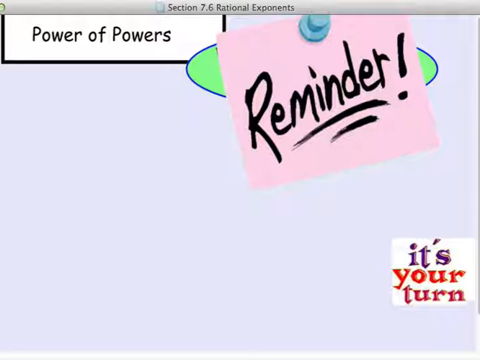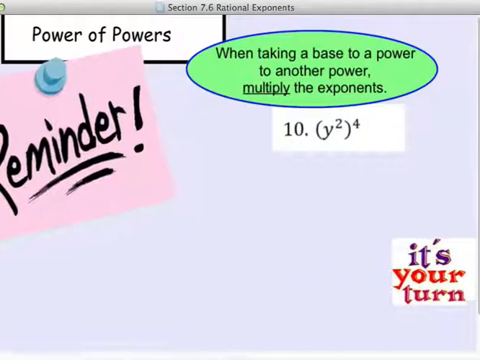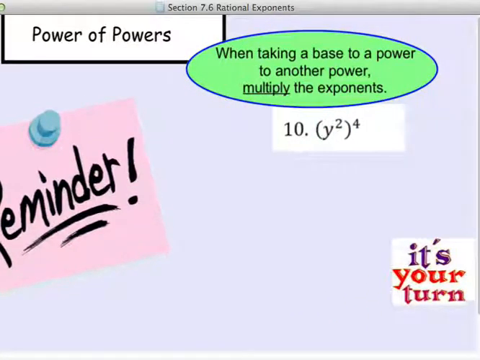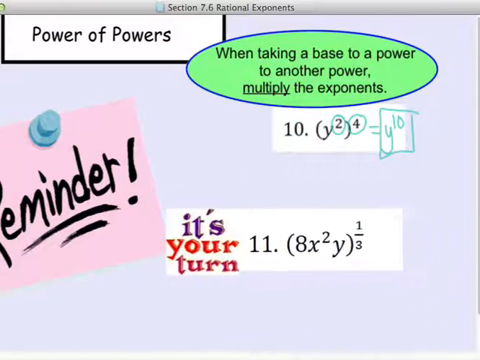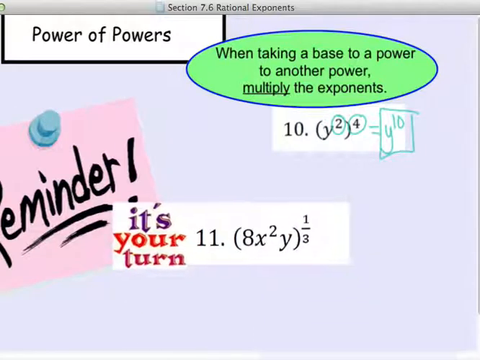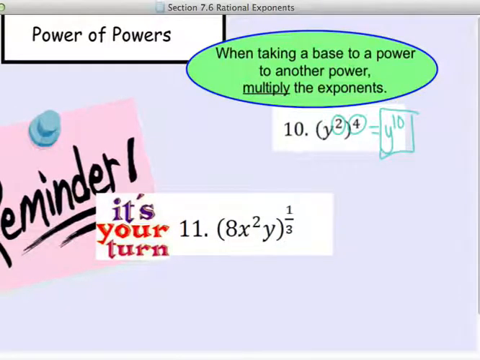Power of powers. We've already been using this rule. When taking a base to a power to another power, you multiply the exponents. So for example, 10. I would take 2 times 4, which gives me y to the 10th. Okay, here's another example. Number 11. I take each part to the 1/3 power.